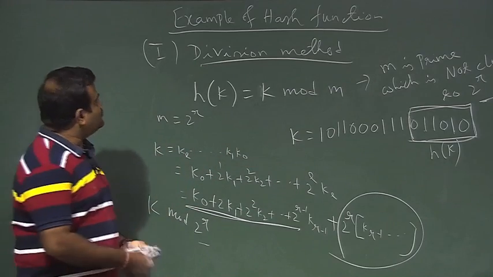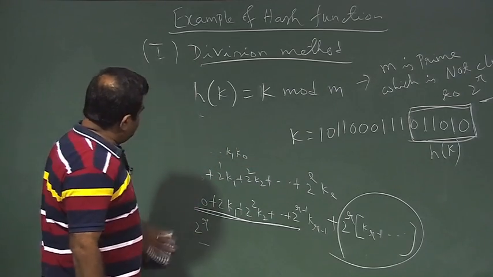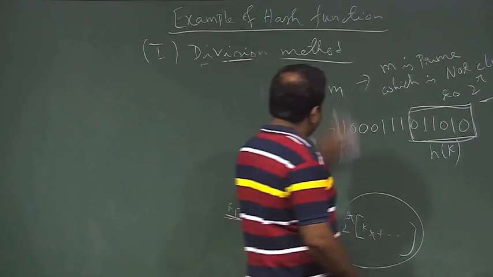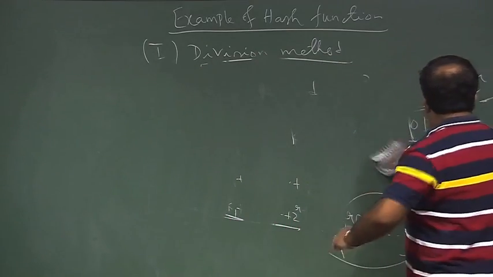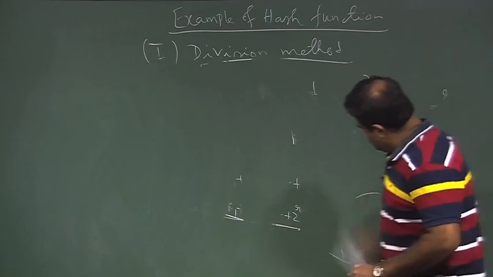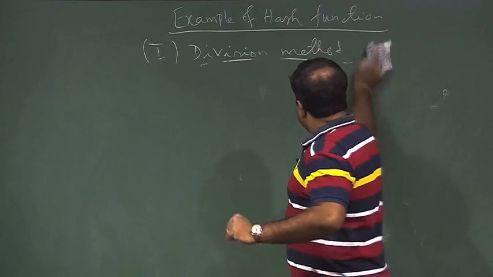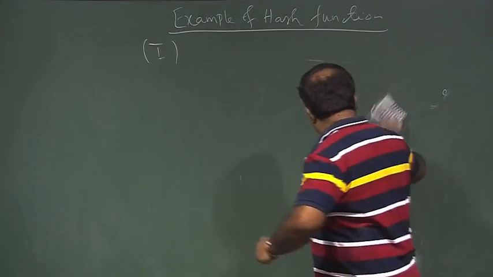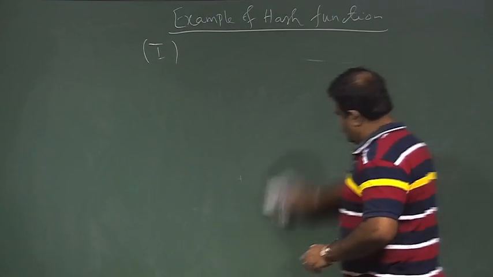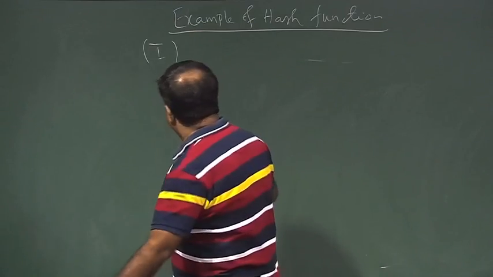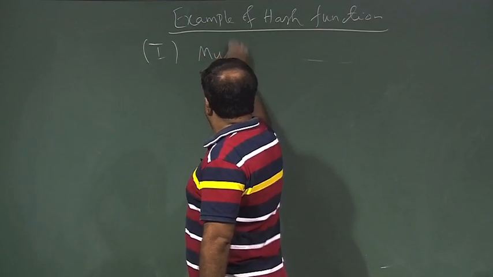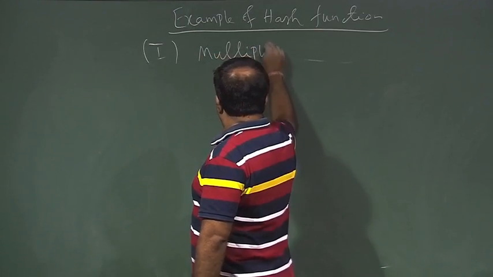Okay, the second example is the multiplication method. There we are allowing m to be 2 to the power r. So, the multiplication method is another example of a hash function.